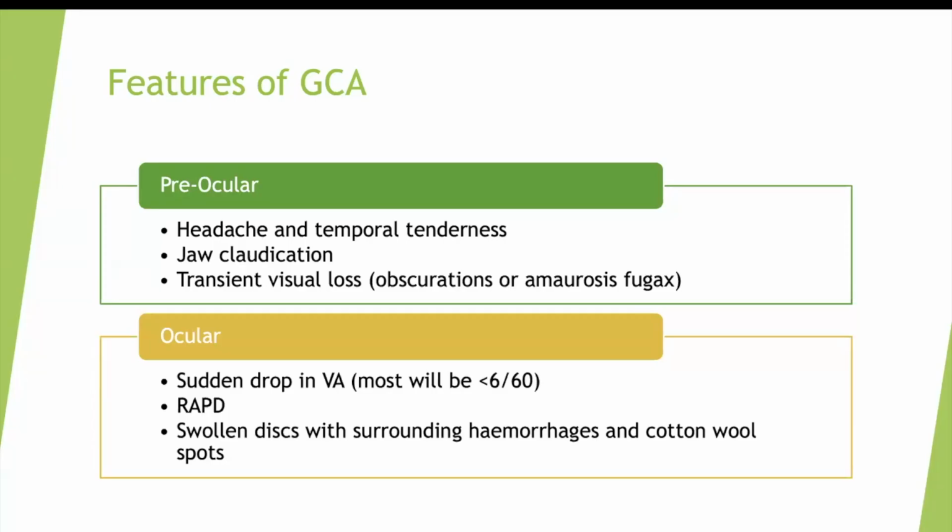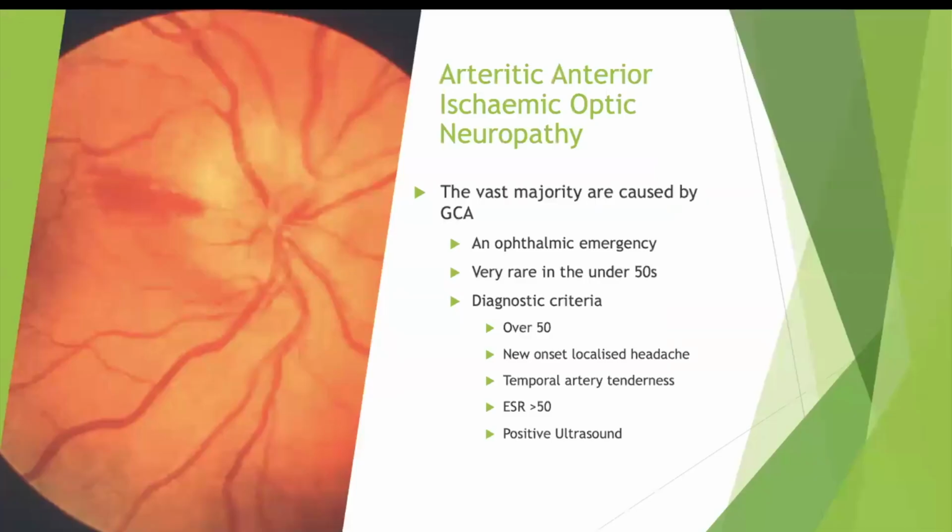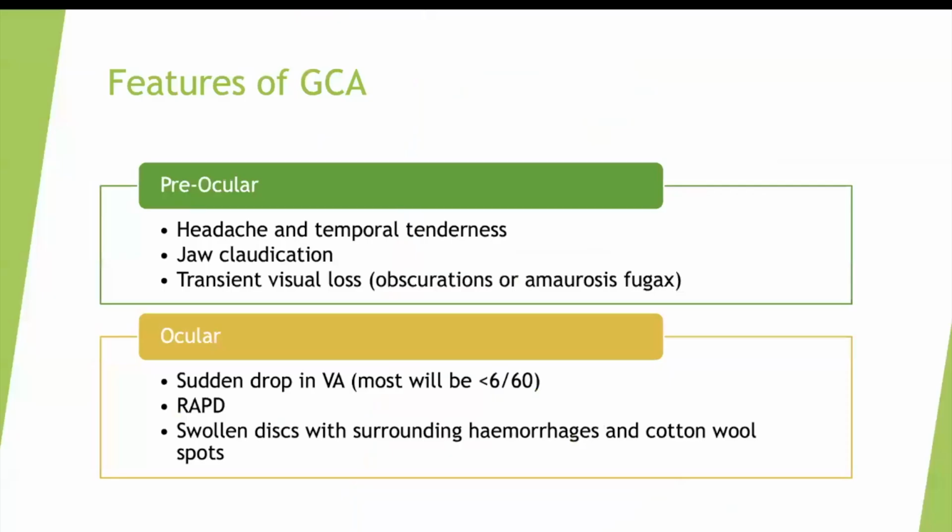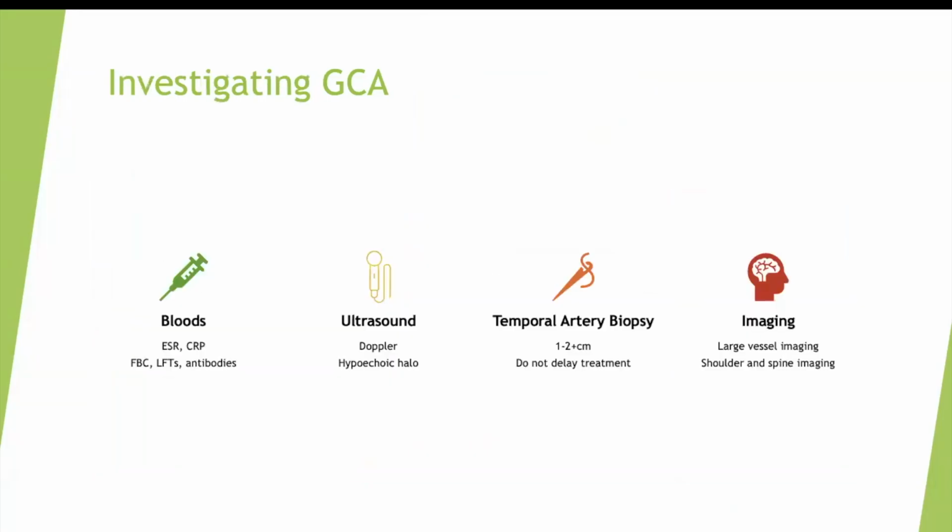They'll typically have an RAPD, and then when you're looking at them, as I showed you in this picture before, you're looking at a swollen optic disc, maybe some peripapillary hemorrhages, some cotton wool spots, and essentially a very typical picture of an anterior ischemic optic neuropathy. And that vision loss sometimes is a nice way of just immediately, when you're looking at your patient, deciding what you think might be going on. Arteritic anterior ischemic optic neuropathy tends to be very, very dense vision loss when compared to your non-arteritic causes.